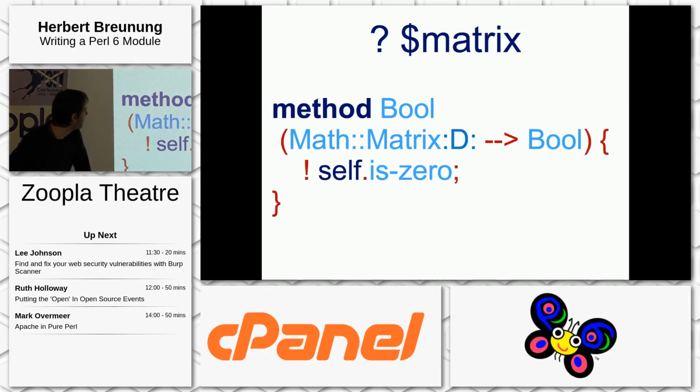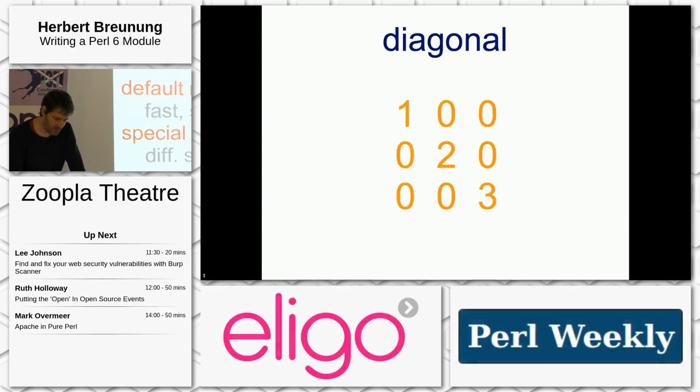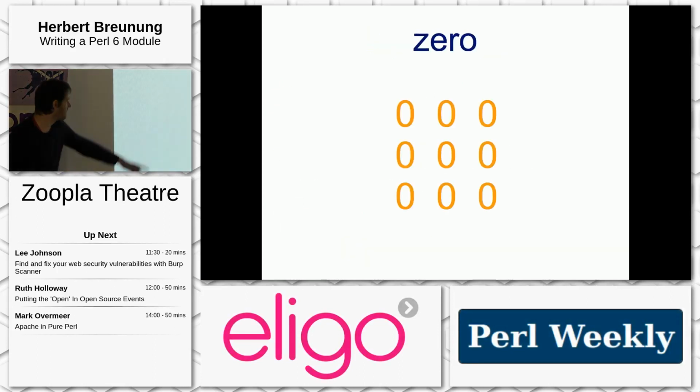I mean, in that case, I thought the most useful thing is to look if this matrix is 0, which normally in numerical things, false is like 0, and true is like not 0. This is normally what we expect. And there is a thing even for matrices, to call it 0: the 0 matrix.